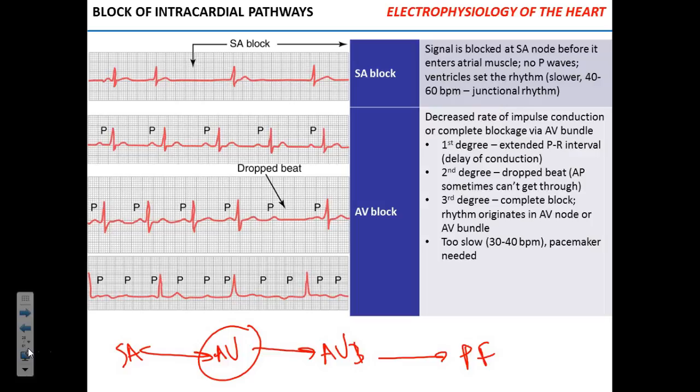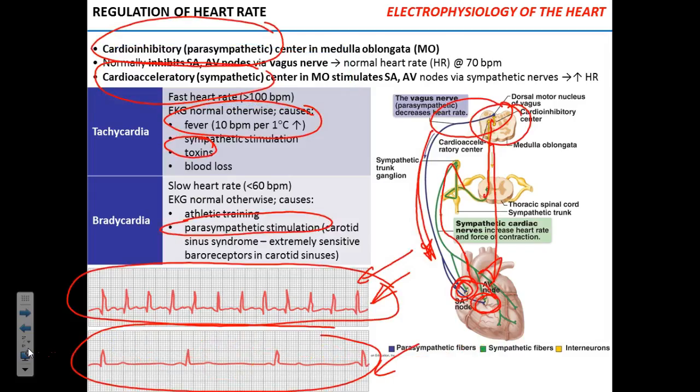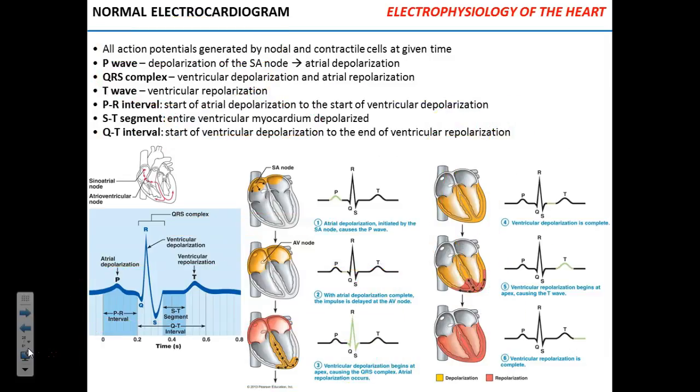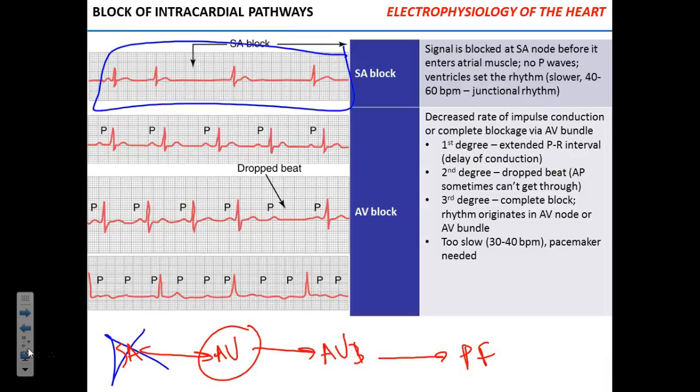Make sense? So what happens if the sinoatrial node becomes dysfunctional? What happens to the heart rate? Wait, I went the wrong direction.